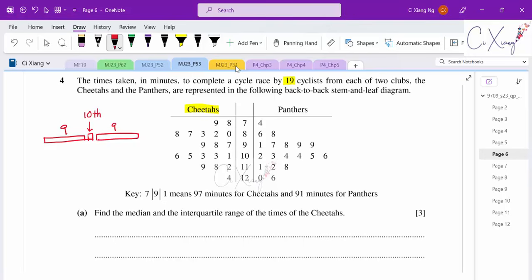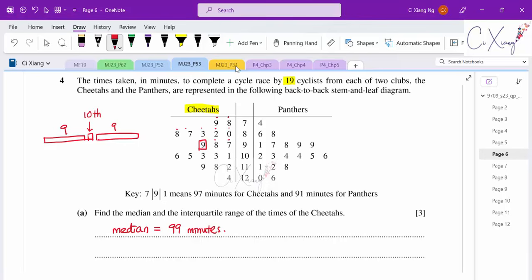To get the median, I need to find the 10th value from the beginning. I count one by one: 1, 2, 3, 4, 5, 6, 7, 8, 9, 10. Reading from the back-to-back stem plot, it should be 99 minutes. So I write it out as 99 minutes here.